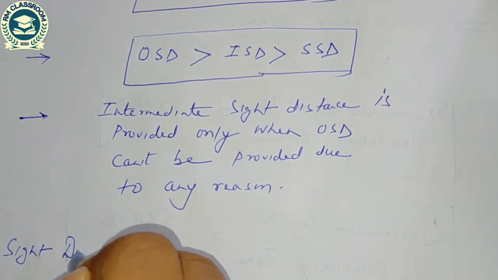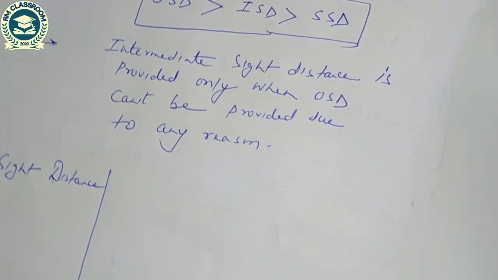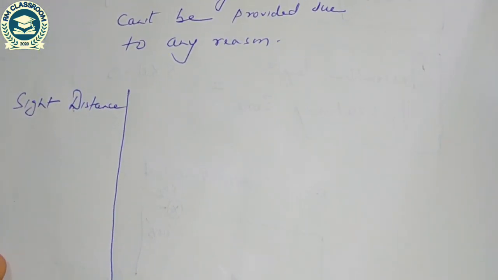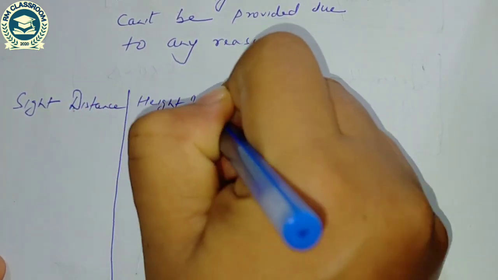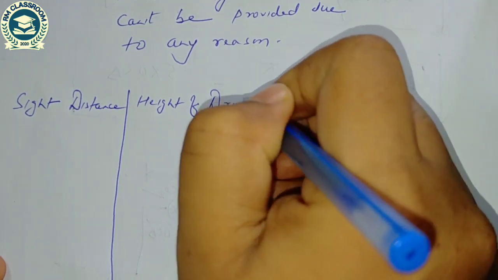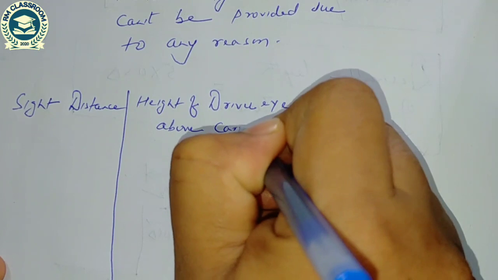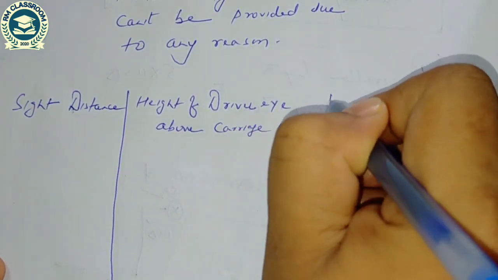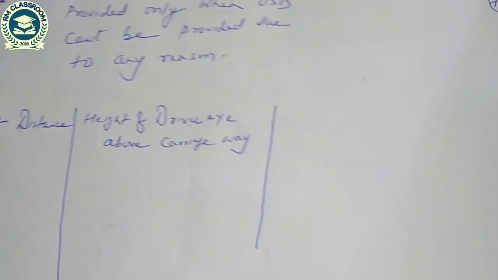So this is the side distance, height of driver eye above carriageway, and height of object.